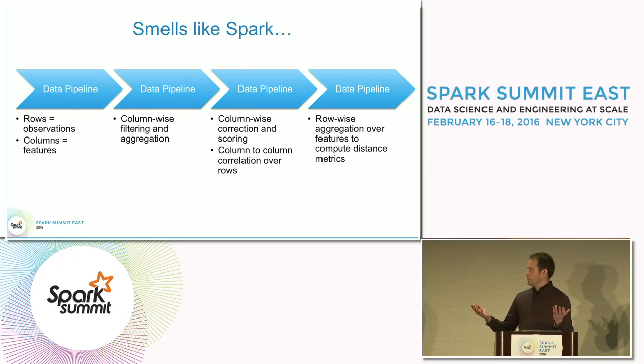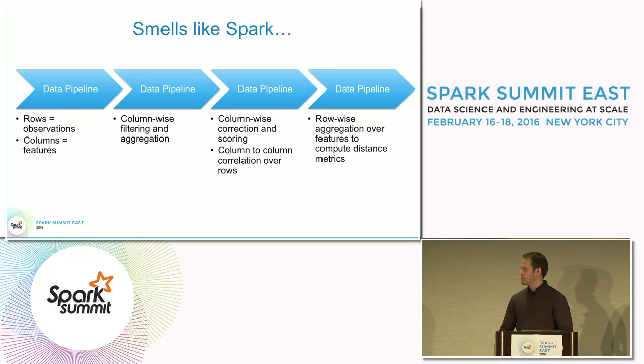And that kind of smells like Spark. Each one of those is really an independent data pipeline with a number of individual steps, but it doesn't really require interaction inside of it. It does require interaction, visualization, and decision-making in between each of those stages. So at a level of abstraction above, this is basically a series of batch data pipelines, with some visualization and control and interaction in between.